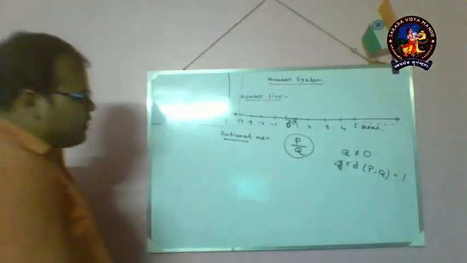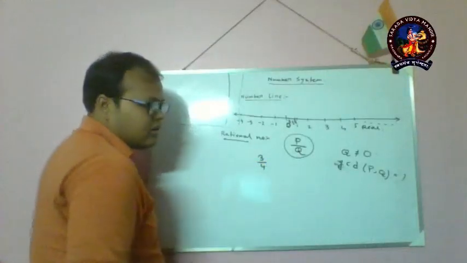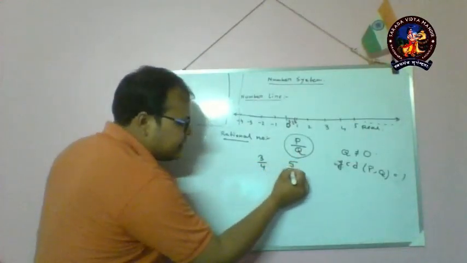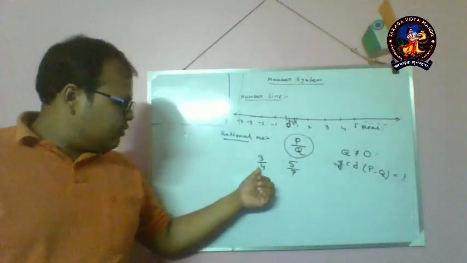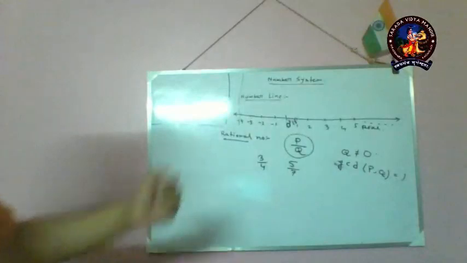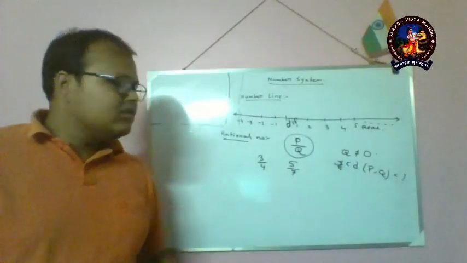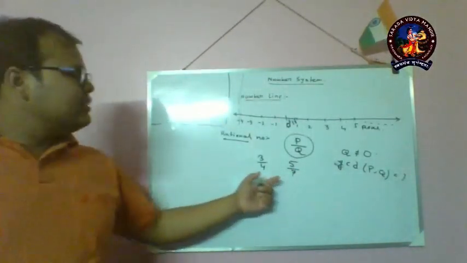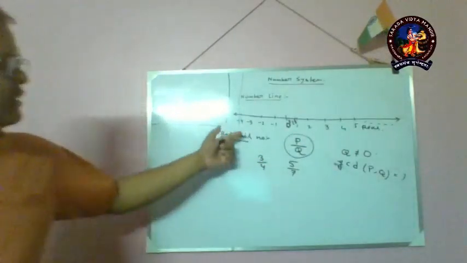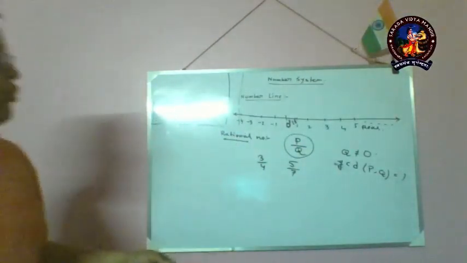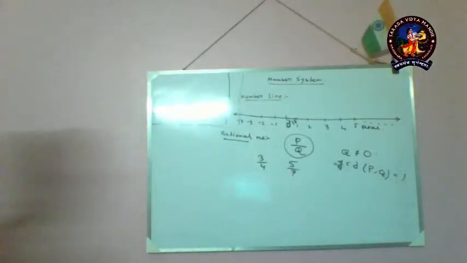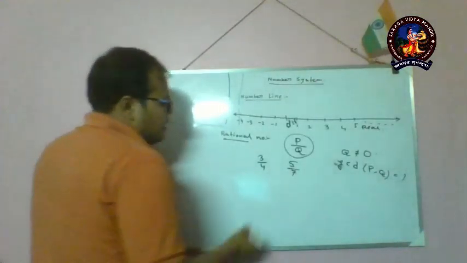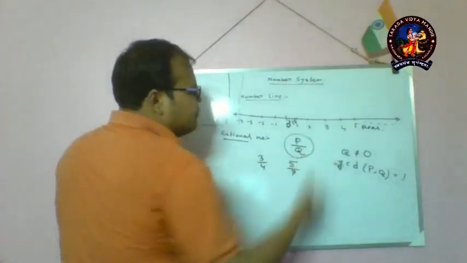For example, if I take 3/4 or 5/7, where in 3/4, obviously 4 is not equal to 0, so the denominator is non-zero here, and here also 7 is non-zero, so both are satisfying the first condition. And 3 and 4, their GCD is 1. 5 and 7, there also the GCD or HCF is 1. So they are the unique rational numbers, and we can express these numbers in the number line.